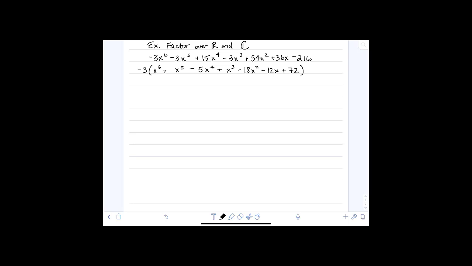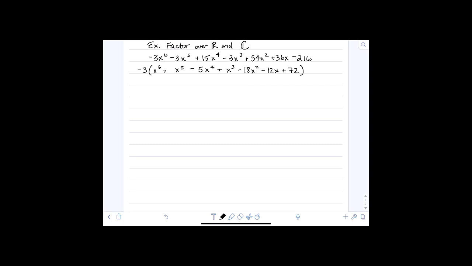Okay, now before we go on any further, we just want to be very careful and methodical and check. So switches to positive, switches to positive, switches to negative, switches to positive, switches to negative, switches to negative, switches to positive. Looks good.